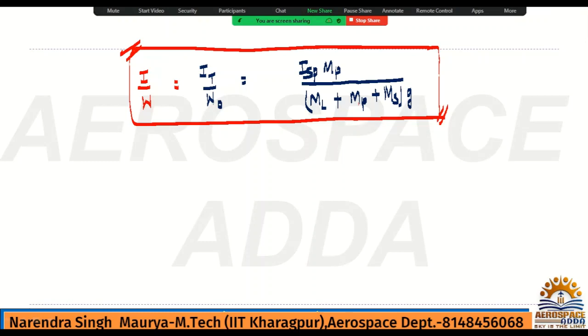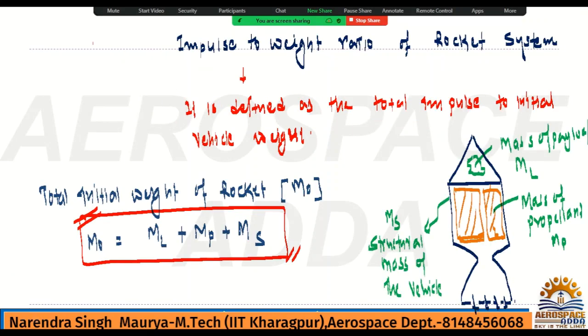But here I am saying initial weight of the rocket system, which means the mass of the propellant is still there, it is not burnt, it is just going to start the burning process. Okay, this is point number one. All the parameters I am writing here are based on the numerical. Numericals are asked based on the parameters I am writing here.